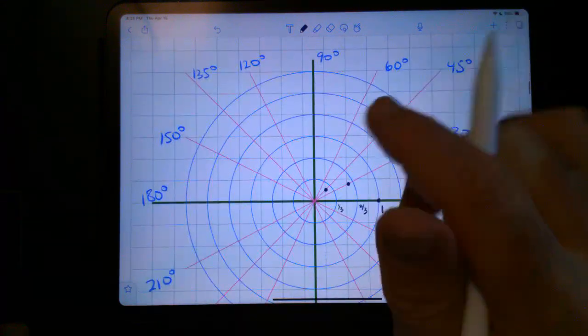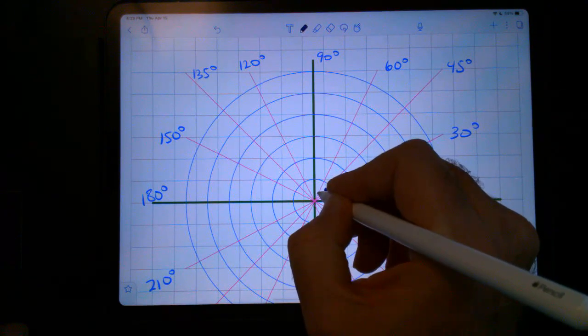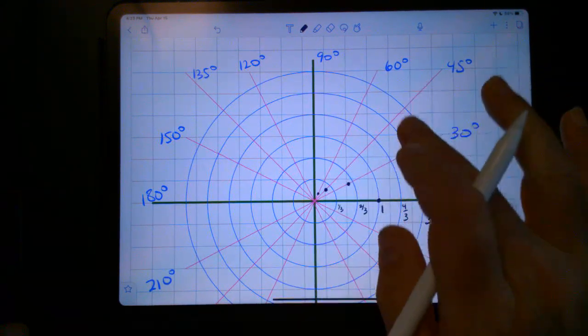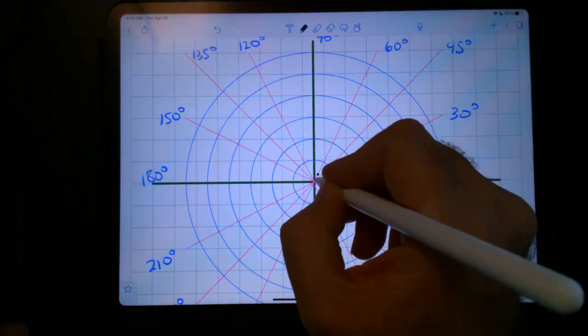Pi over 3, we have 0.13. Pi over 2, we have the pole, which is the origin.